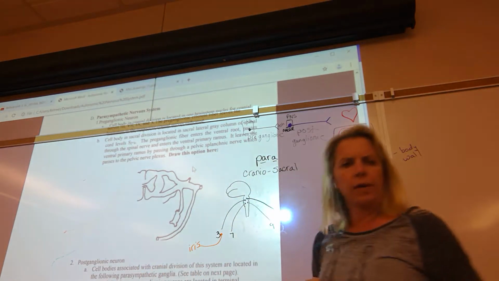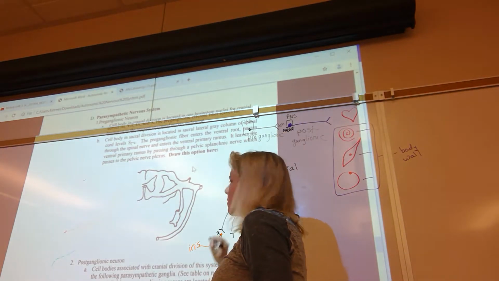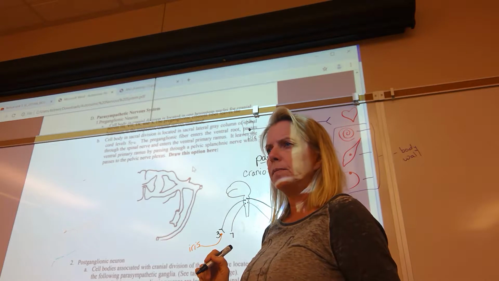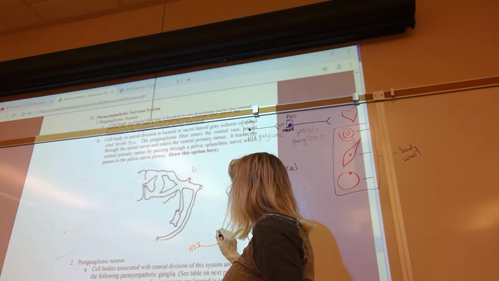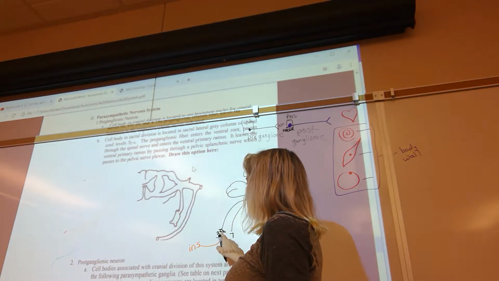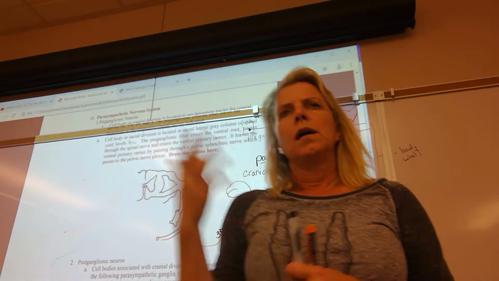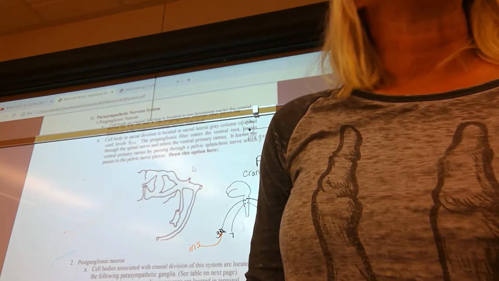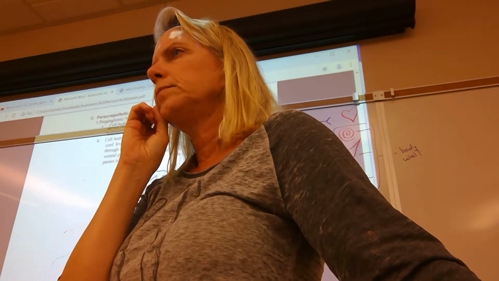So cranial nerve 3 is the preganglionic fiber. And what neurotransmitter will it release? Remember, acetylcholine. And that postganglionic fiber will terminate on the iris of the eye. And you get pupillary constriction.